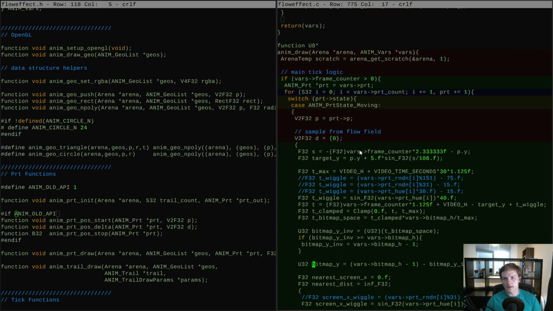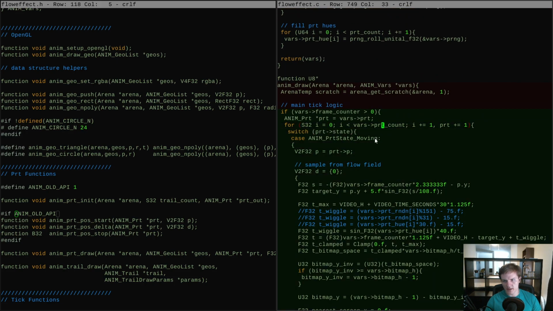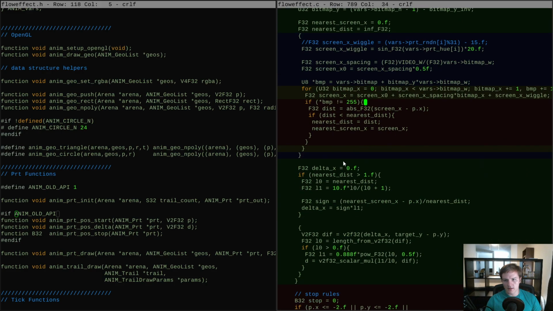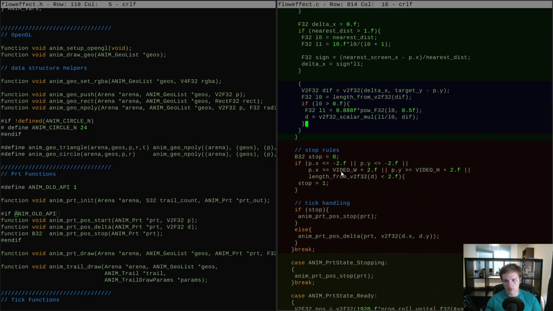Now, let's see. Here, we're looping over all the particles that exist, and we're saying if a particular particle is moving, we want to figure out its delta position, which we put into this variable d.